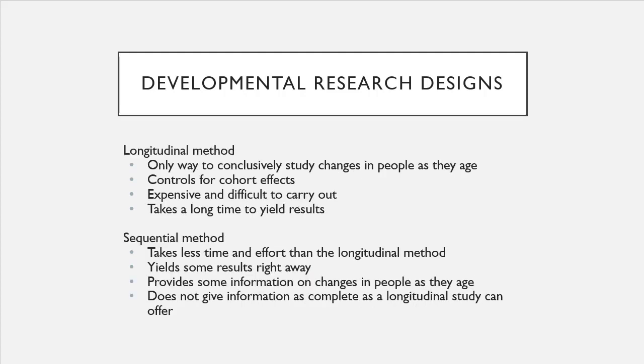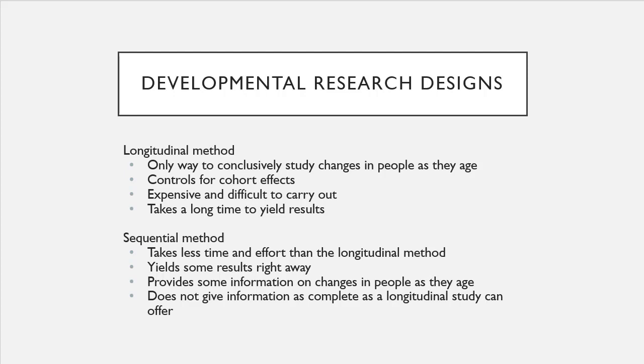The longitudinal method is a way to study conclusively the changes that happen to people as they age, so we can look at how people age without having to worry about the fact that we're looking at cohorts instead of one group over time.